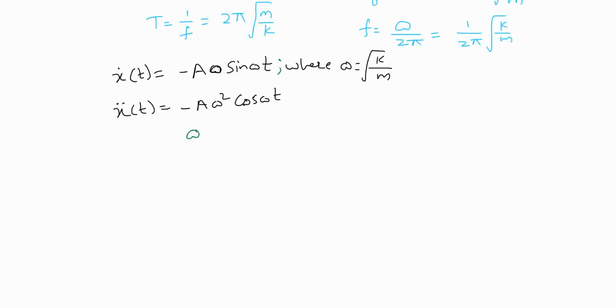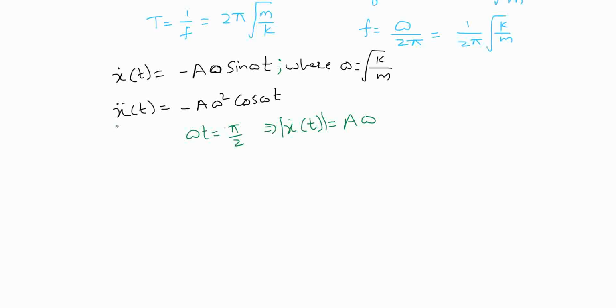That is when omega t equal to pi by 2. The absolute value of x dot of t we have to take, and it will be A omega.